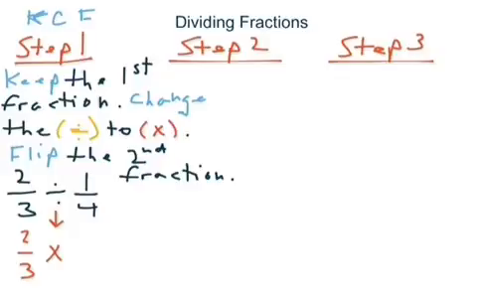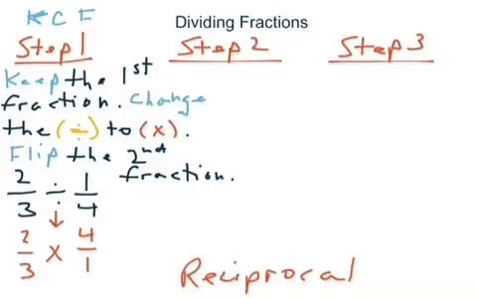When you flip it, you actually call it finding the reciprocal. This means you flip the numerator and the denominator of a fraction. So instead of 1/4, it's going to look like 4/1. That's the reciprocal part of our fraction. So that's our first step, our long first step.